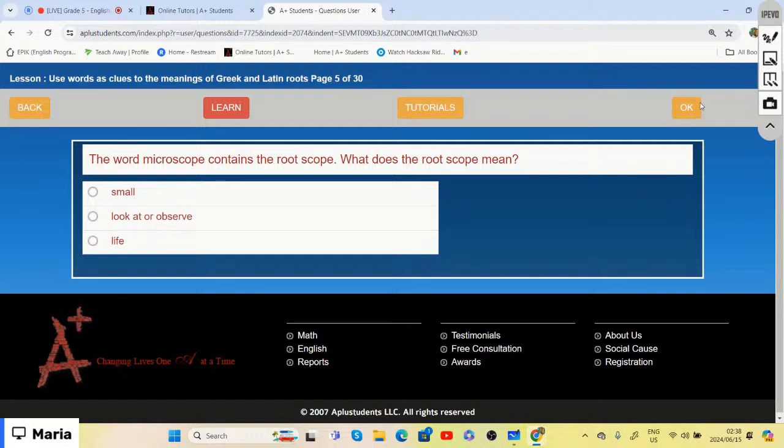So the word microscope contains the root scope. What does the root scope mean? What does scope mean?